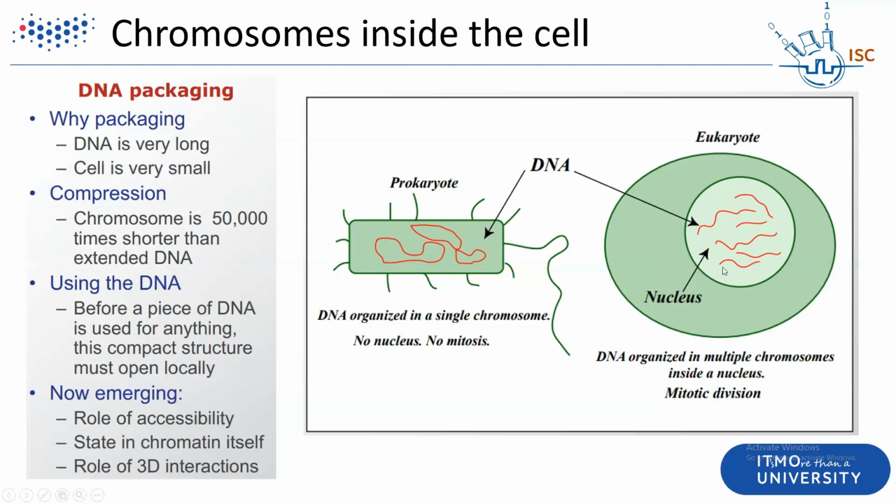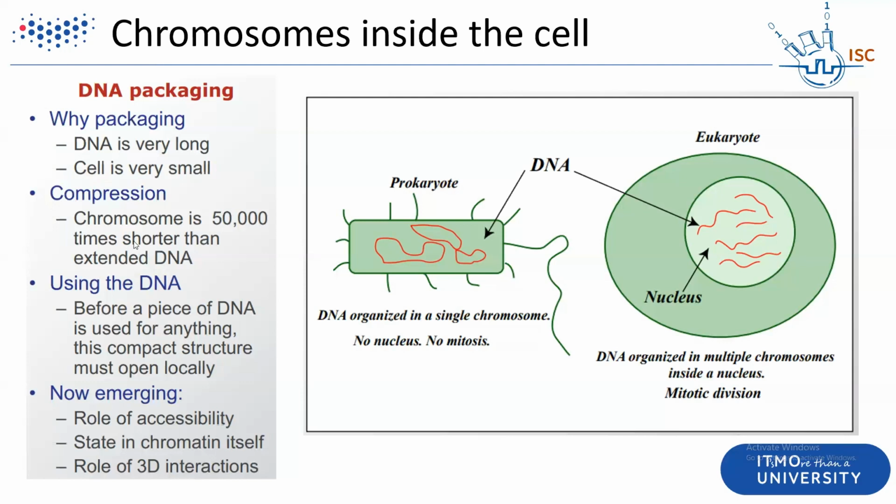Therefore you have to squeeze it into the space within the cell and make it more efficient. Chromosomes are also produced because they're compressed, and a single chromosome is 50,000 times shorter than the extended DNA molecule.